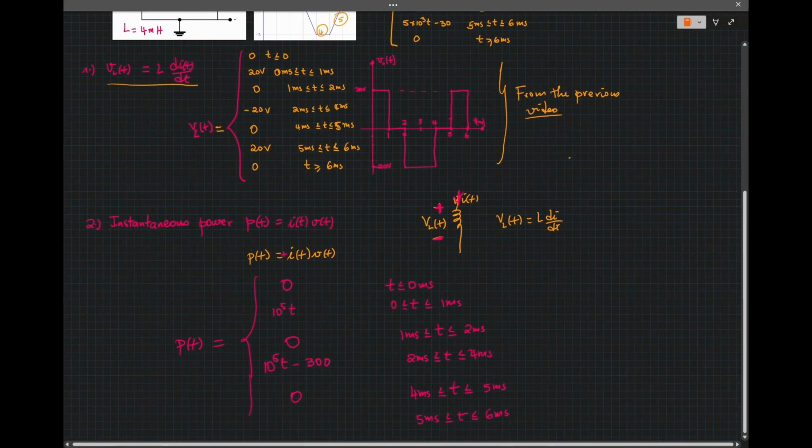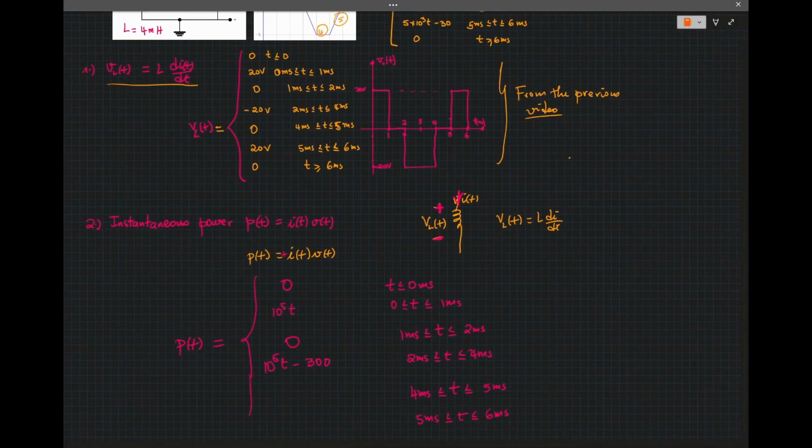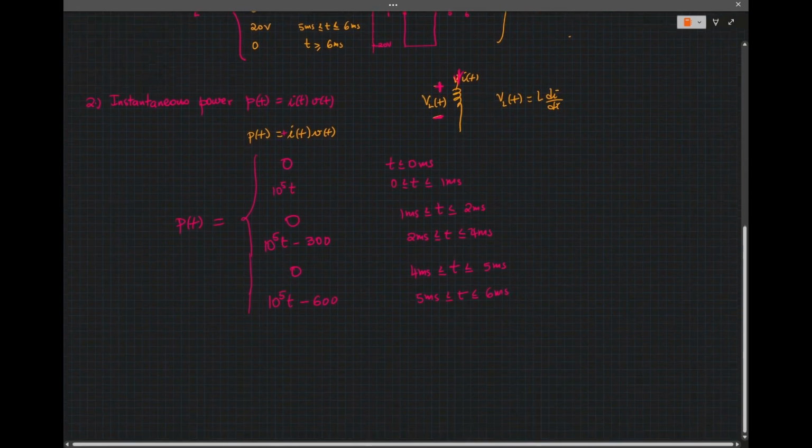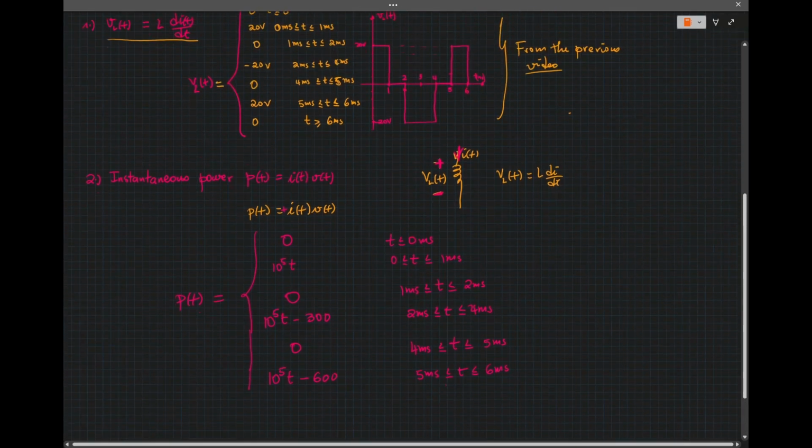We have 20 that multiplies 5 times 10 to the 3 t minus 30. So that gives 10 to the 5 t, and then 20 times 30, which is minus 600. So that's the instantaneous power.